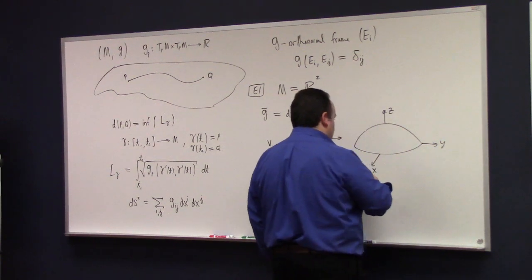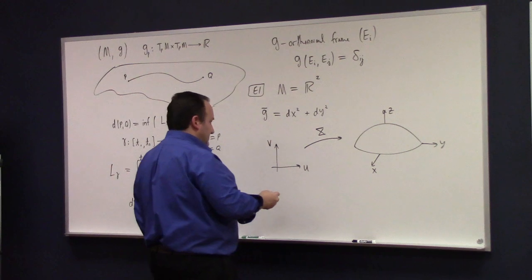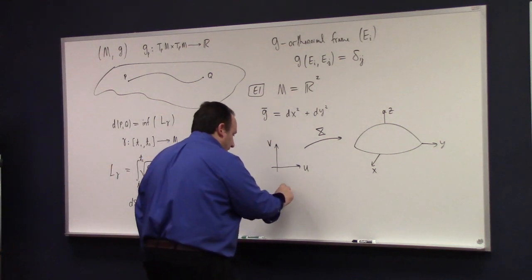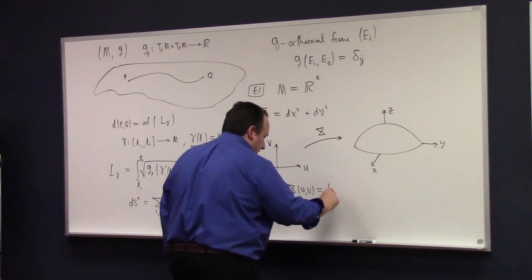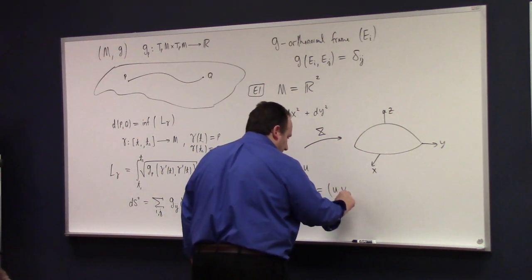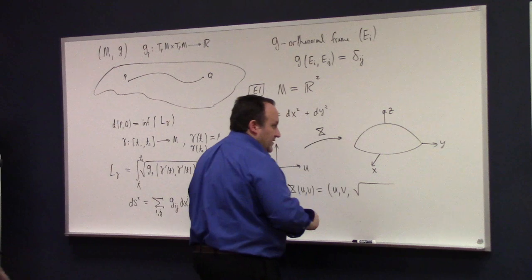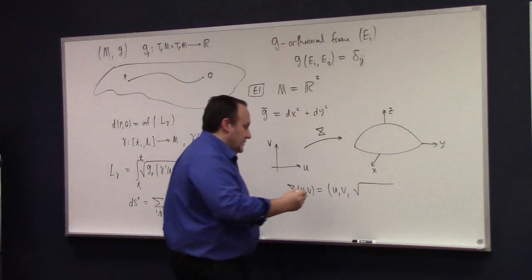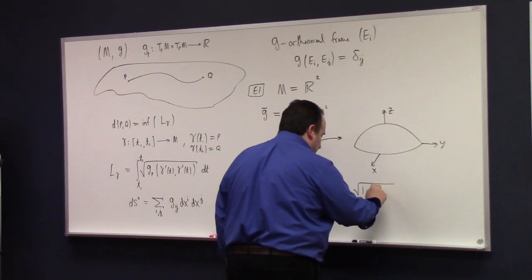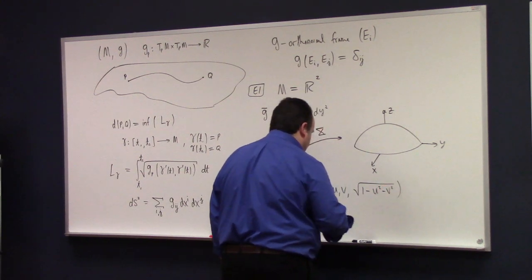To parameterize the upper half of the sphere, I have X of (u,v) is (u, v, square root of ...), and what do you want the radius of the sphere to be? Let's make it radius 1, so the unit sphere: square root of 1 minus u squared minus v squared.